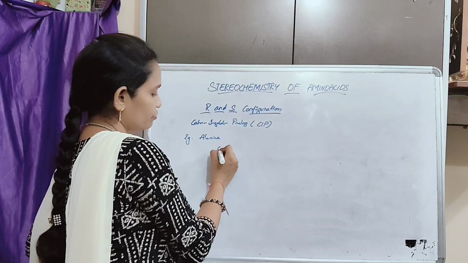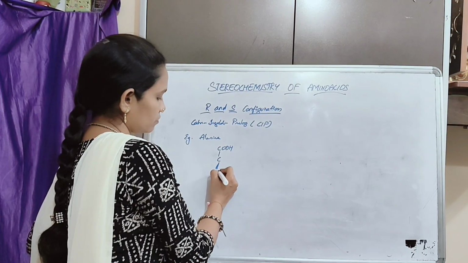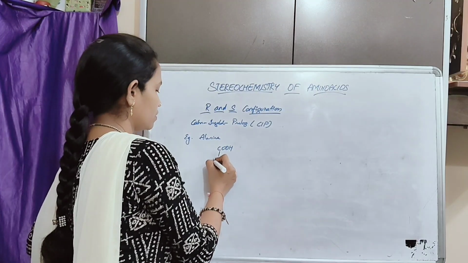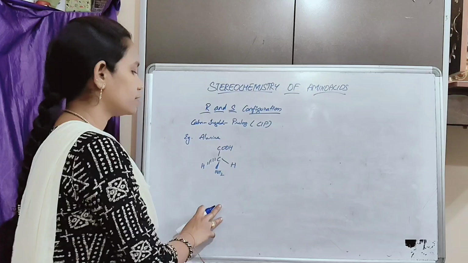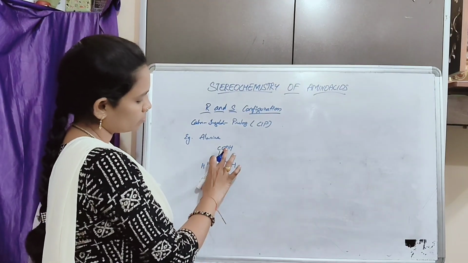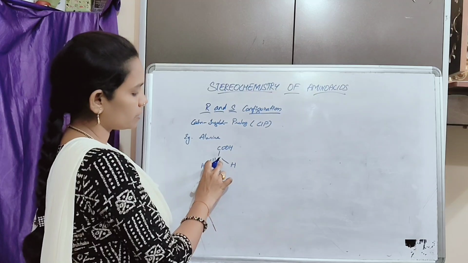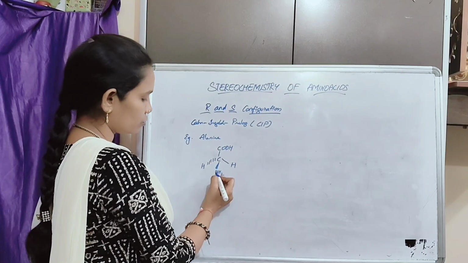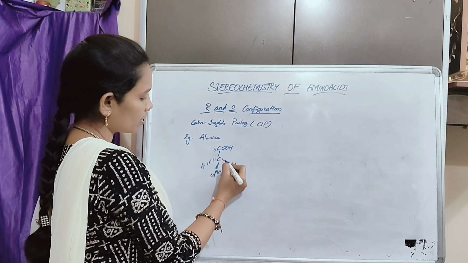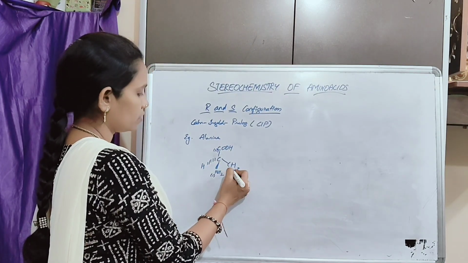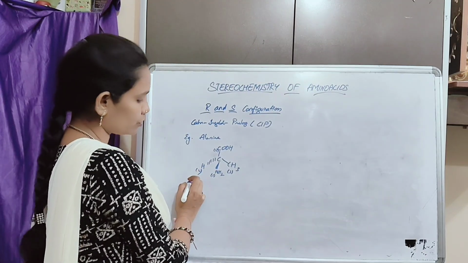So here, if you see the alanine structure, first we have to assign priorities to the atoms which are attached to the alpha carbon or chiral carbon, that too based on the atomic numbers. So here, amino group gets first, carboxyl second, methyl third, and least, hydrogen atom, right?